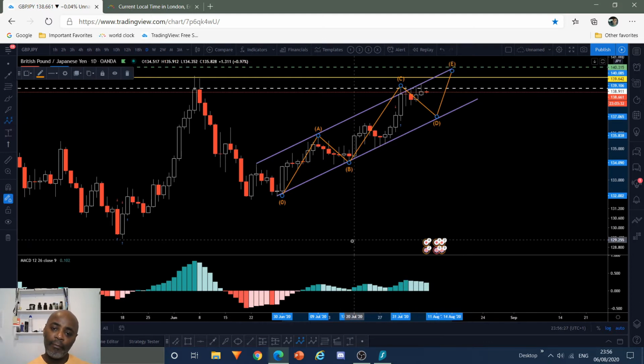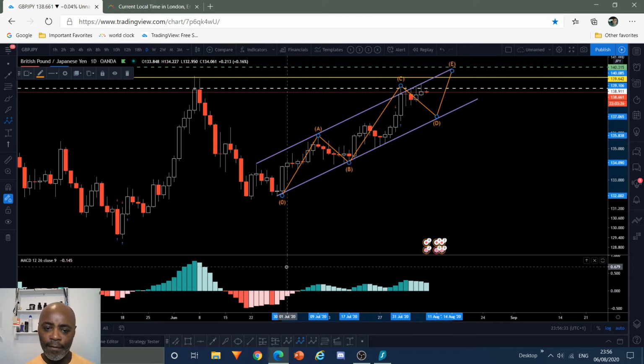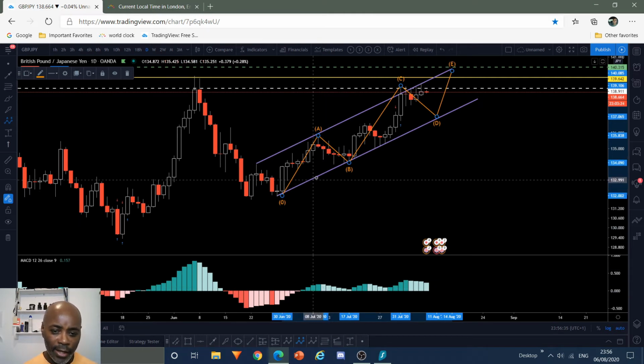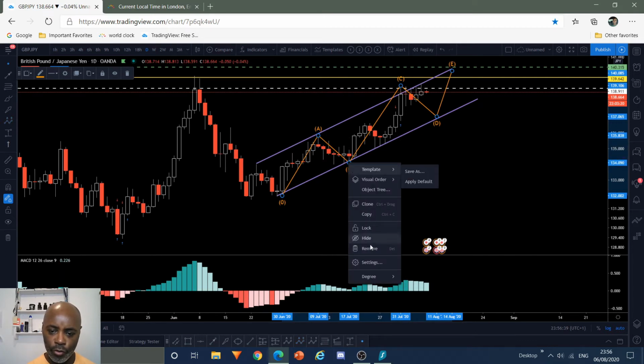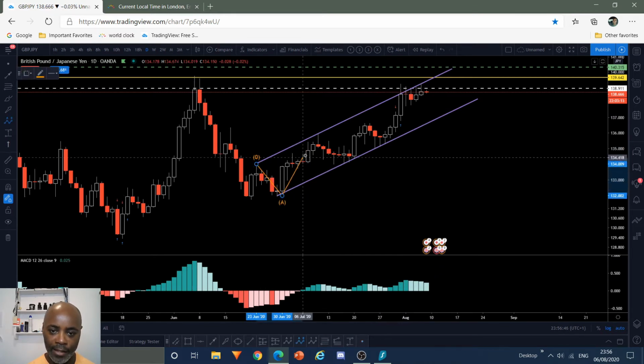So potentially, this is what could happen with this trade. We're in a wave. In fact, that count is actually wrong, traders. Let me just do that again. I just realised I've done something wrong there. This is where I should have started. That's better.